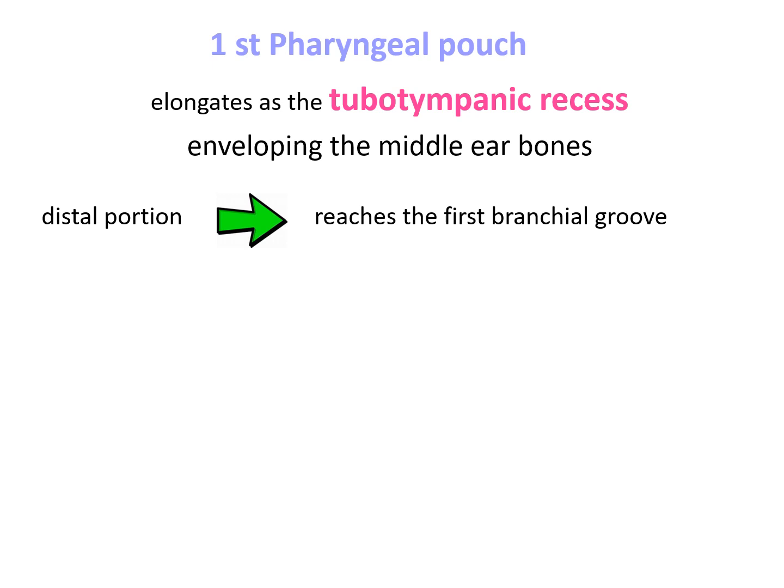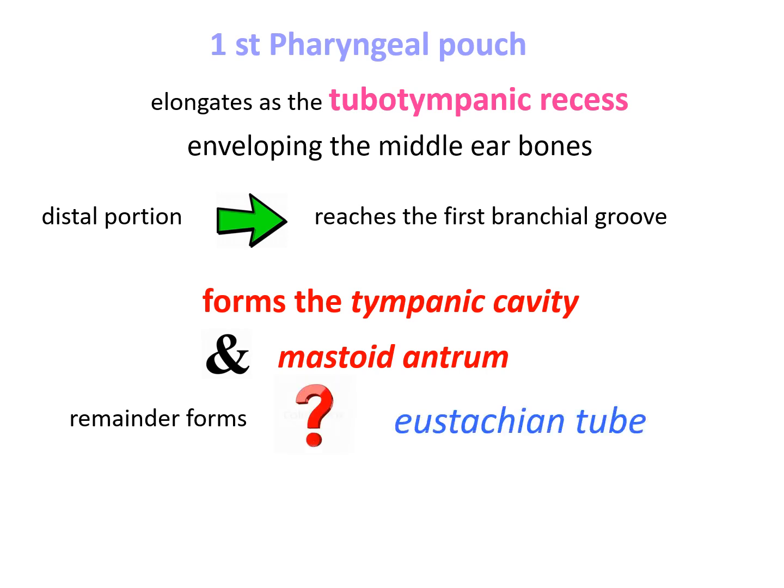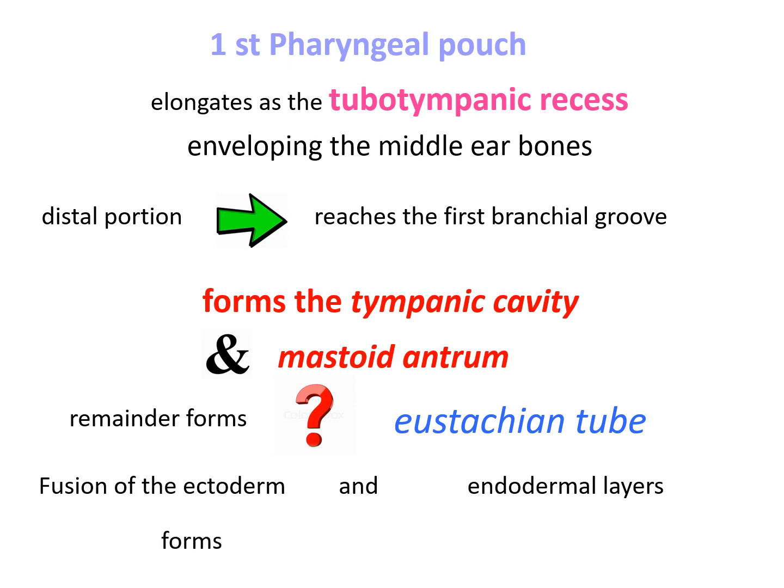The distal portion will reach the first pharyngeal groove and forms the tympanic cavity and the mastoid antrum. The remainder will form the Eustachian tube. There is fusion of ectoderm and endoderm, and this fusion will form the tympanic membrane.